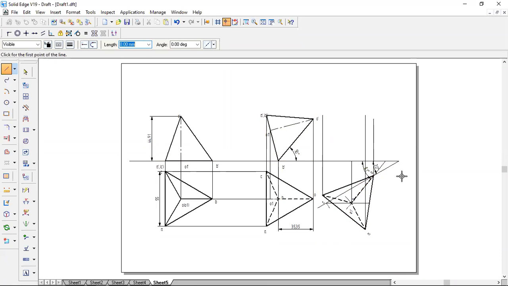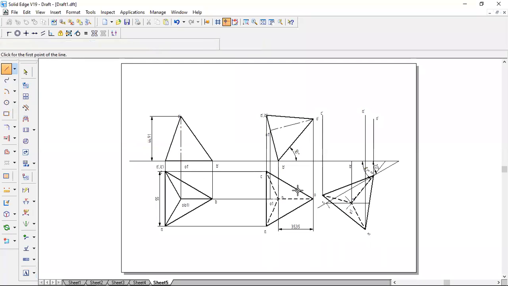Now join. So first naming it. This is going to be C dash, and this is going to be B dash. This is A dash. And this is O dash. And O1 dash, of course.